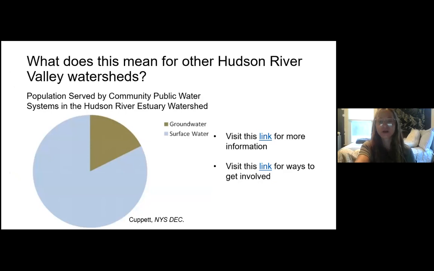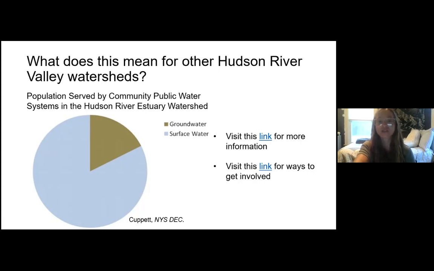I did want to apply these findings to other Hudson Valley watersheds. Although this one is very specific and specialized, I do think that there are a lot of sources out there, like the two links that are present on this slide, which will be stated again at the end, with more information for a lot of various creeks and streams within the Hudson Valley watersheds.